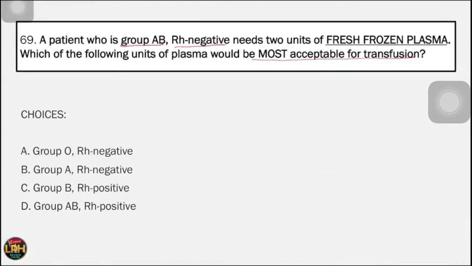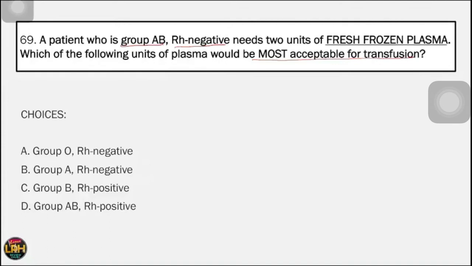Number 69. A patient who is Group AB, Rh negative, needs 2 units of fresh frozen plasma. Which of the following units of plasma would be most acceptable for transfusion?